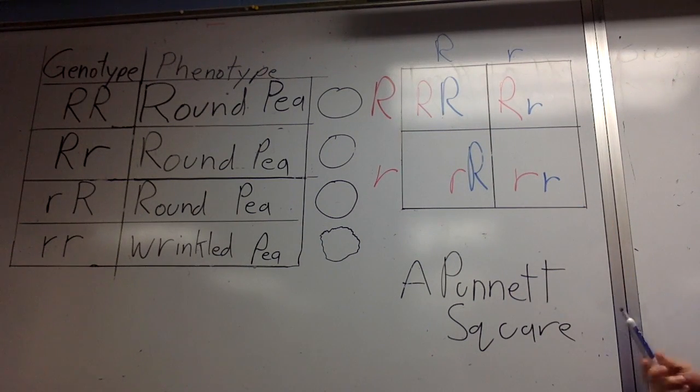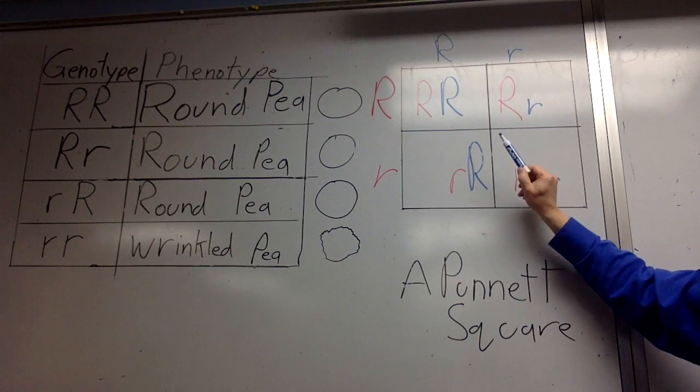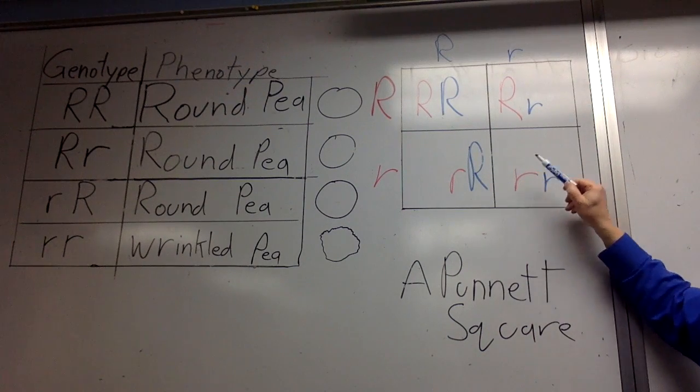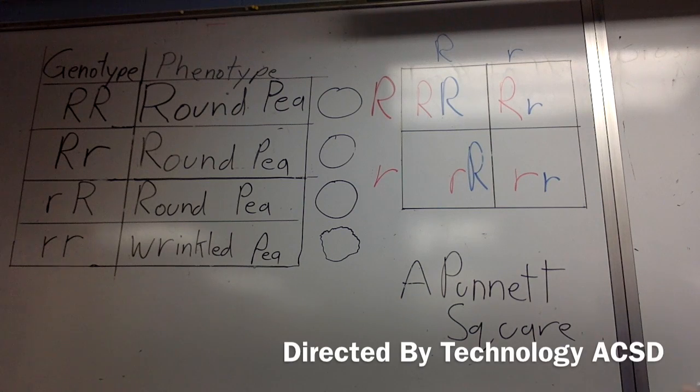And if we were to look at what we now know about phenotypes, 3 out of the 4 should come out as round peas, and 1 of 4 as wrinkled peas. In class discussion, we'll discuss the ramifications of this further. Thank you so much.